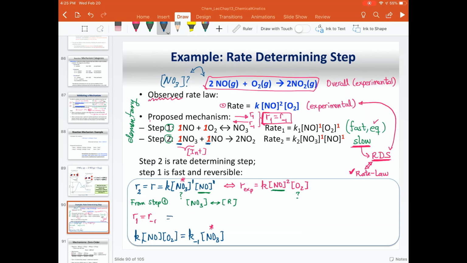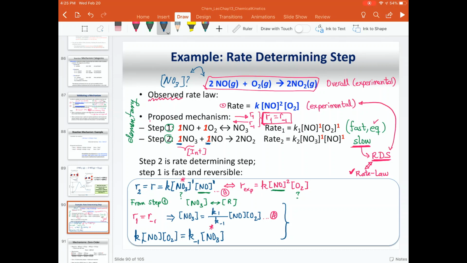So from this, what we can learn is that the concentration of NO3 can be expressed in terms of the concentrations of the reactants as k1 divided by k minus 1, times NO times the concentration of O2. So now with this expression, we can substitute it into the other expression and see what happens.